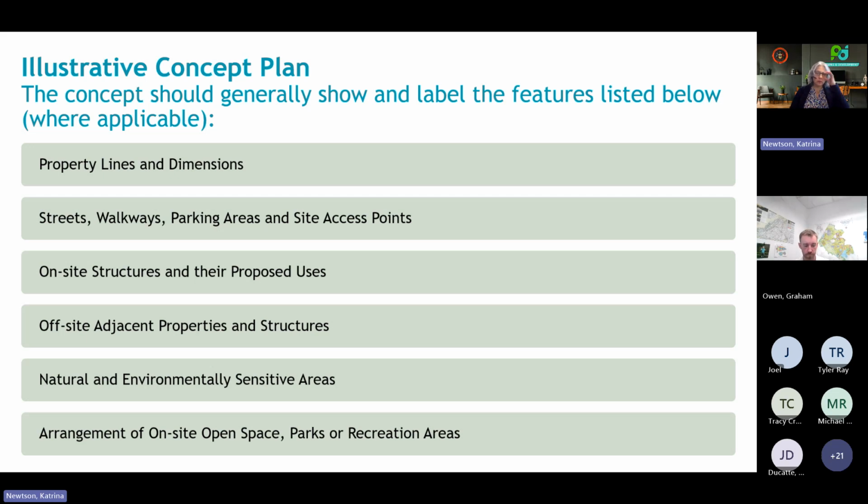I will mention this later, but we also ask that nominators acknowledge that there may need to be updates to the illustrative concept plan as we go through the process, especially if this is put on the work program. There is the possibility that we will ask for an update to that plan.